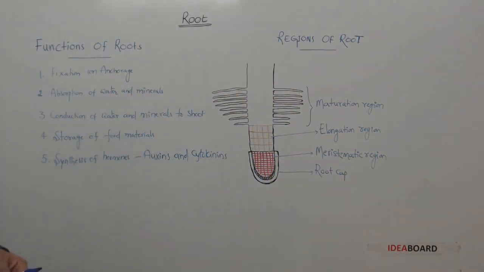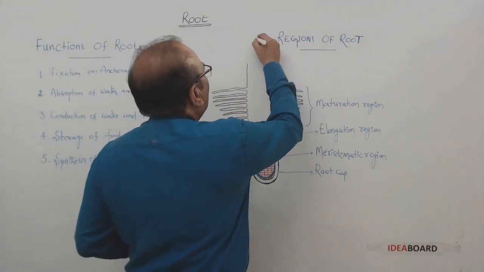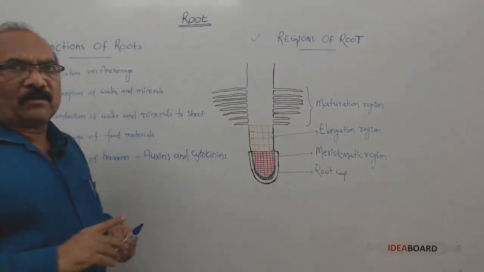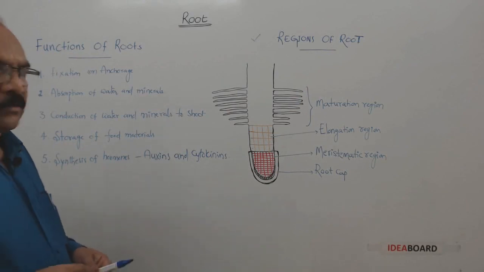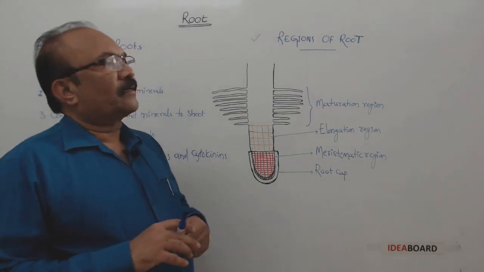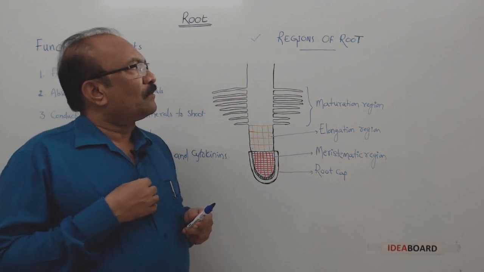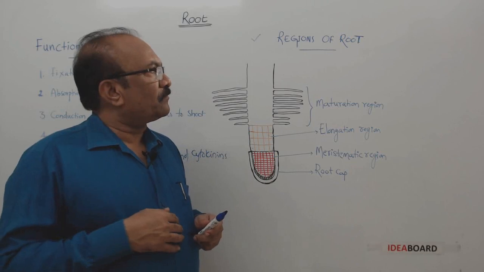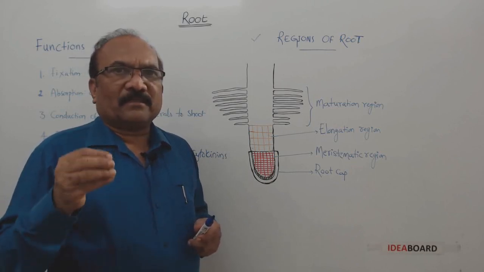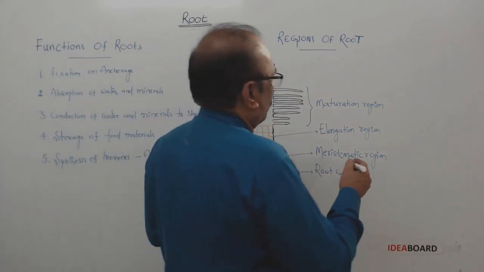And now, let us go for the regions of root. Let us discuss the regions of root. Every root at its tip will show us four regions.